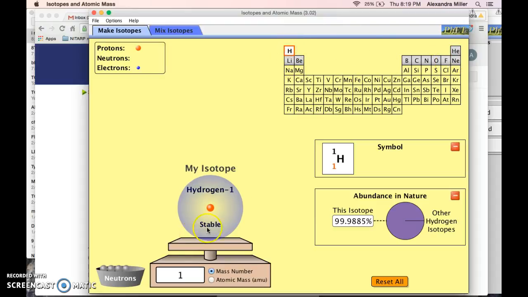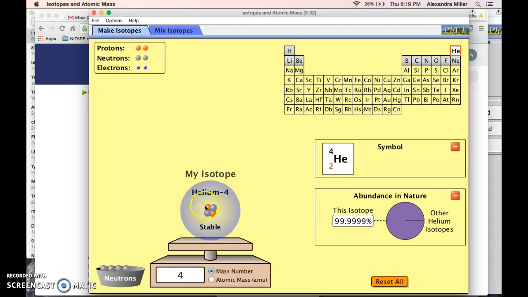If I go to hydrogen, the most abundant isotope is hydrogen 1. No neutron, just the 1 proton. And remember that the proton and the neutron have a very similar mass. So it's not hydrogen 0 because it has 0 neutrons. It's hydrogen 1.